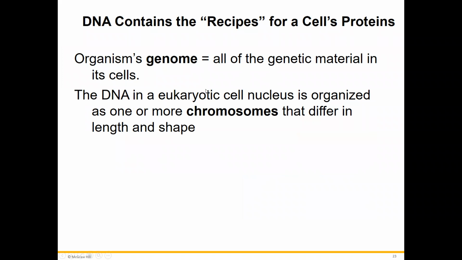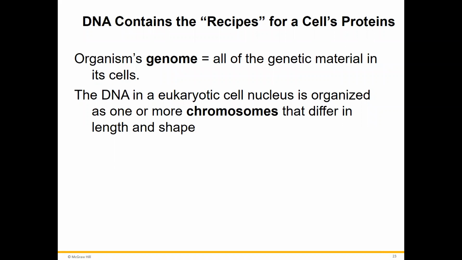Then your book goes on to tell you about an organism's genome. Now that we know the structure and function of DNA, we've gone on to identify all the genetic material in its cells, and we call that collectively the organism's genome.